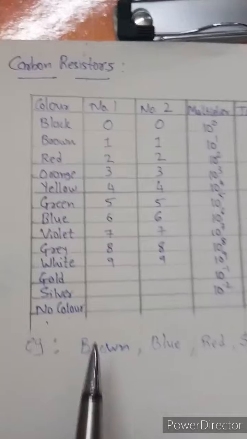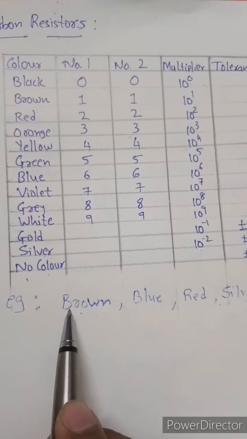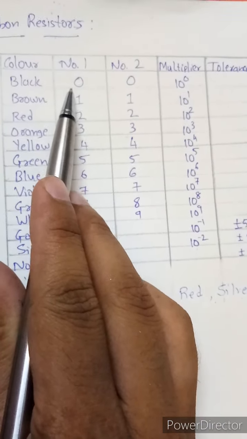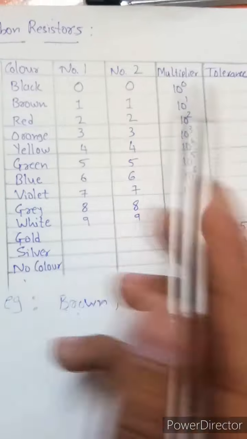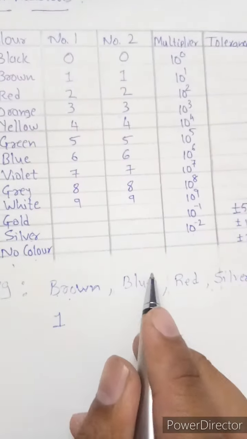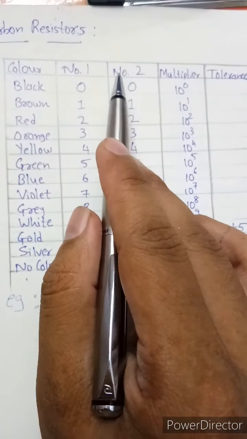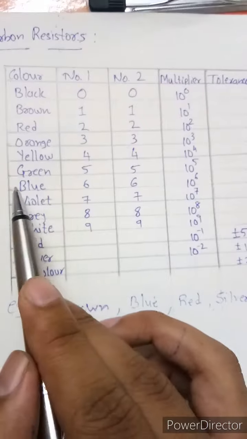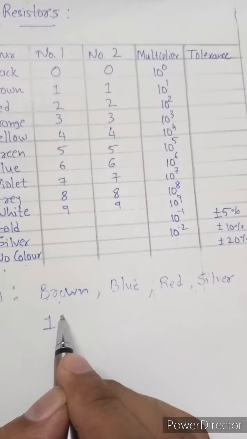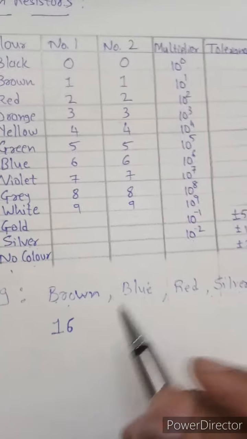For that, you have to see the first color, which is brown. Take the number from the first column: brown has number 1, so we write 1 here. The second color is blue, so for the second color you see the second column, and blue has number 6, so put it here, and you get the number 16.